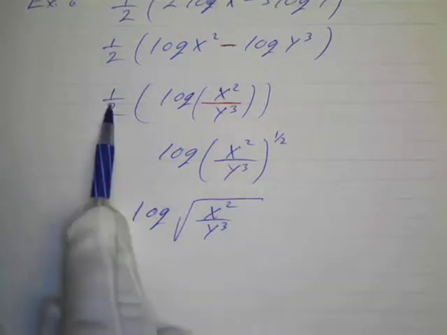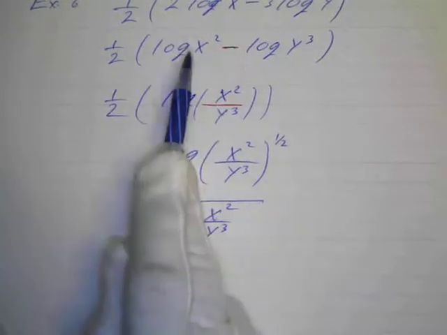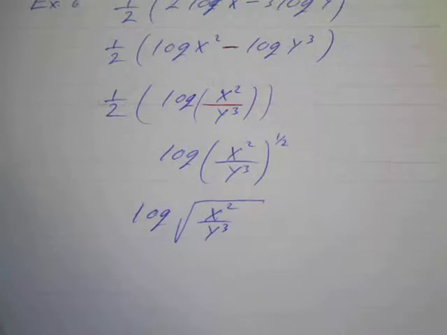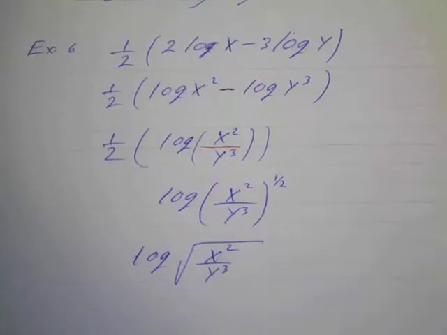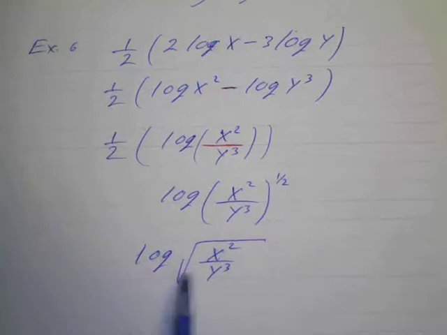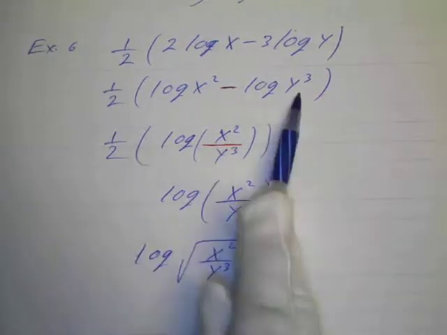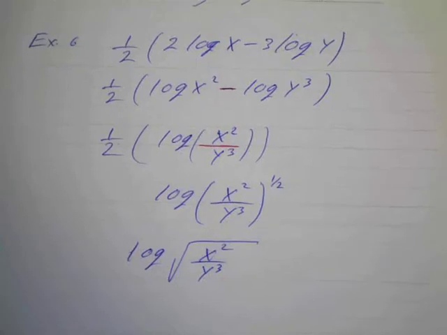Then you'd put the exponent in front. Then you would take the difference of the logs, and then you'd put those exponents in front. So you can see how you could go backwards to expand it. That makes sense, I hope. Change this to an exponent, put the exponent in front. Change this to the difference of the logs, put those exponents in front. So you kind of see how it works both ways. So I hope those make sense.